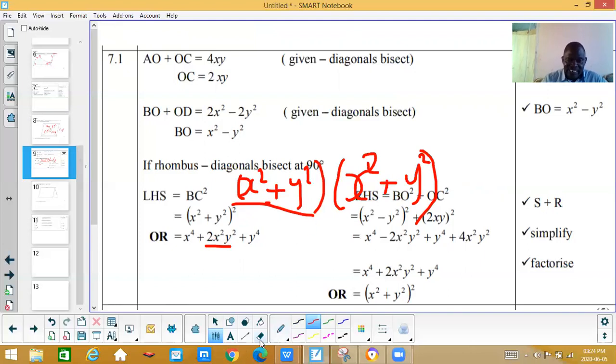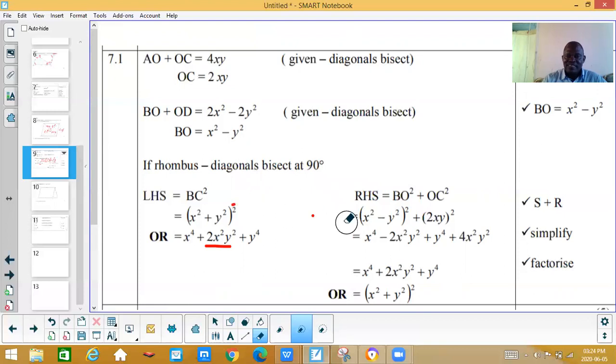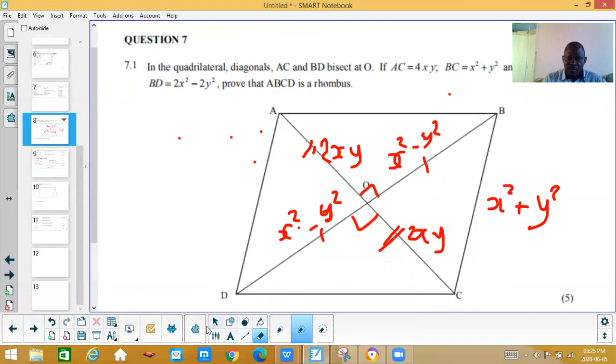Now, let us look at it from another perspective, the definition. When we look at this other one, we are looking at BO and OC.